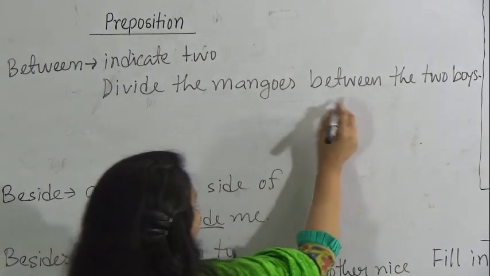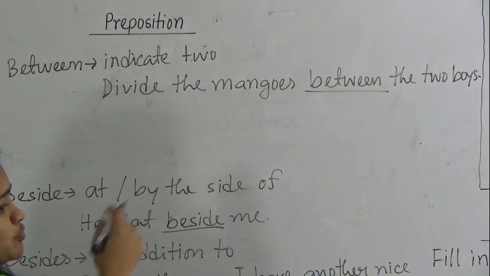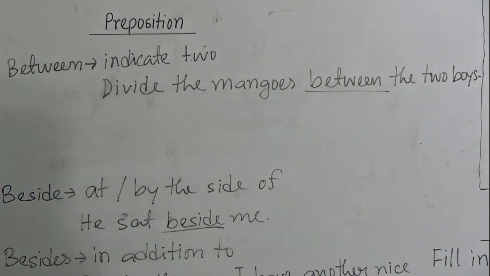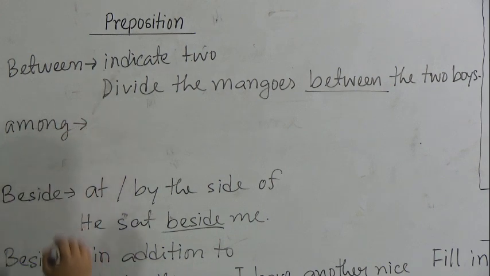So there are two boys and you will divide between these two boys. That means you will indicate two boys, two persons or two things, and we use "among" to indicate more than two.